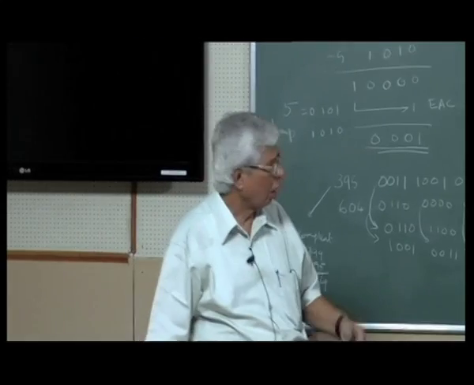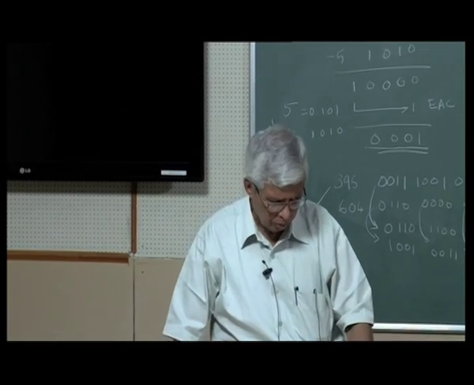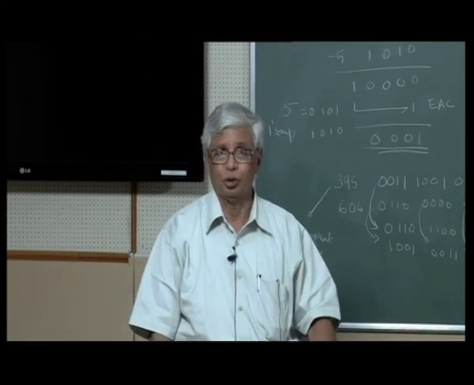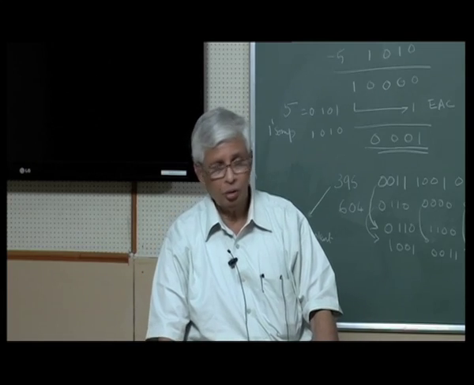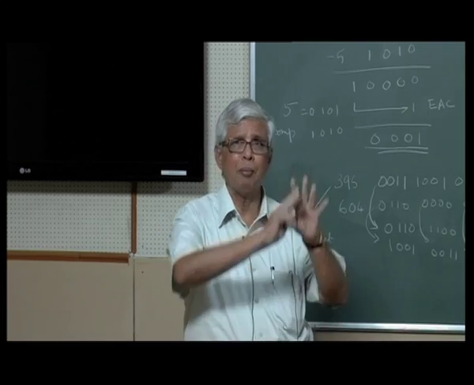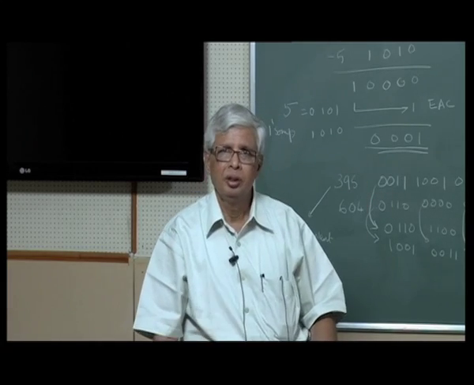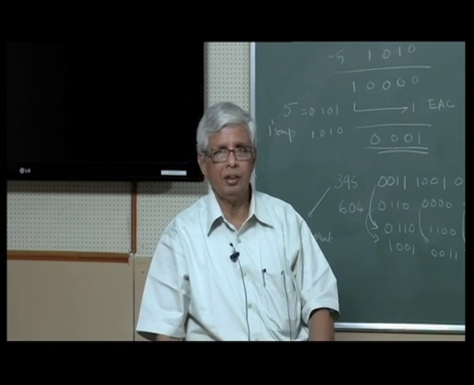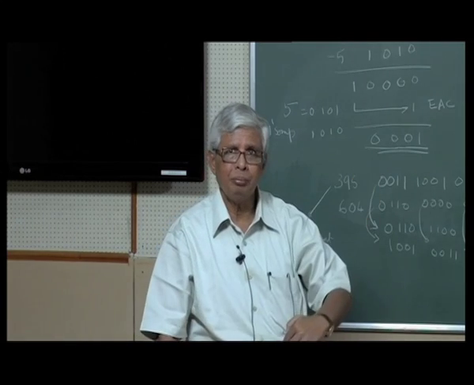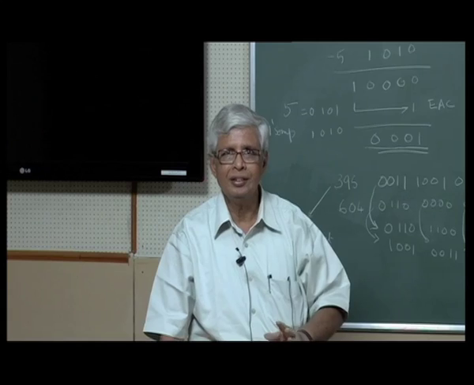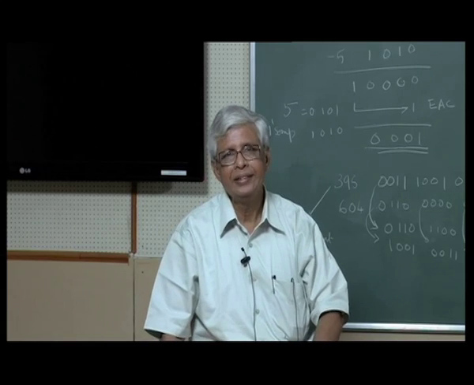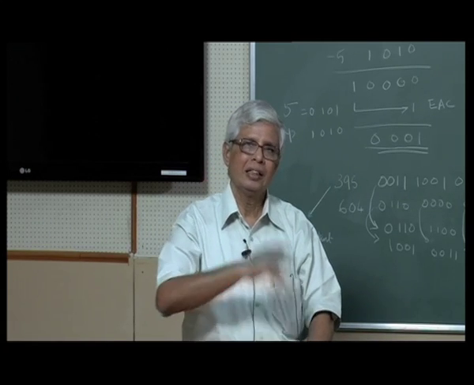There are also lots of codes we are not going to discuss now called error correction codes. They will send a block of words and then they will send the column addition and row addition, and if both match it is okay, otherwise they will say this bit is an error.